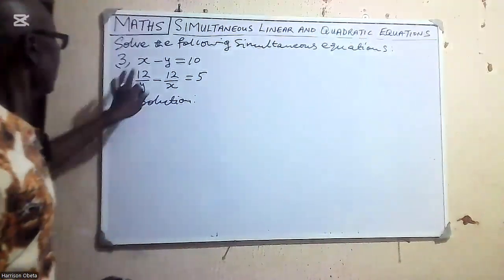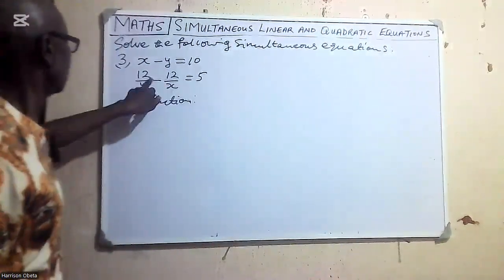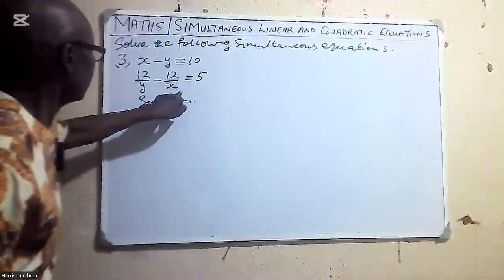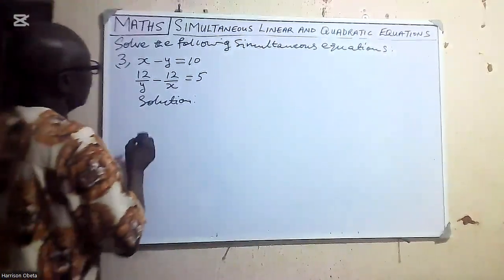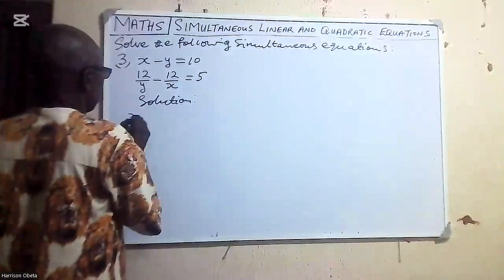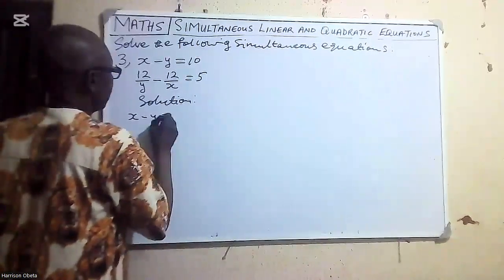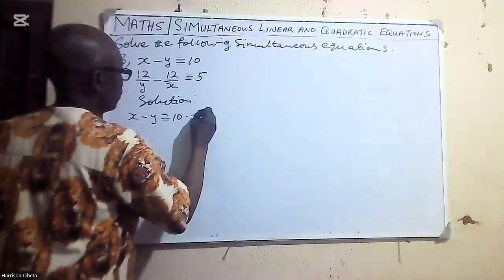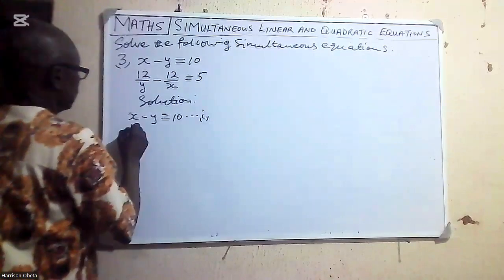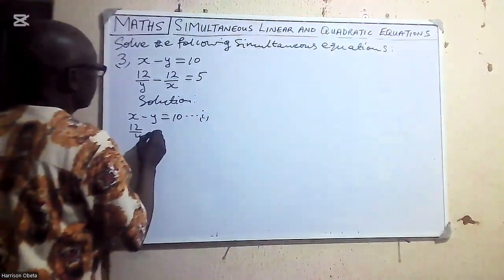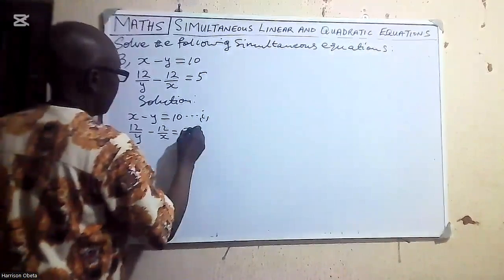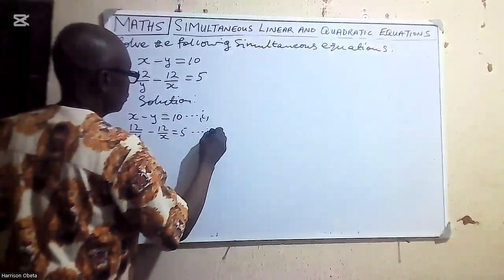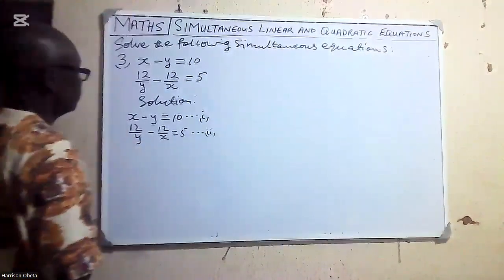If you look at what you have, x minus y equal to 10, 12 over y minus 12 over x equal to 5. So, x minus y equal to 10, equation 1, 12 over y minus 12 over x equal to 5, equation 2. Okay.